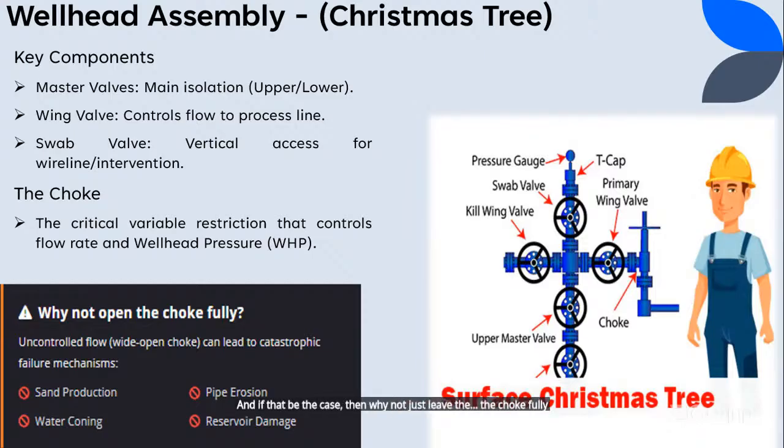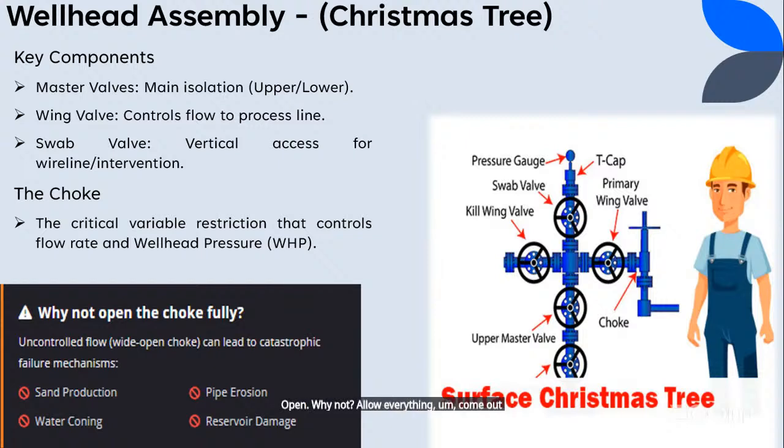If this is where I'm controlling flow, and as production engineers I want to maximize production and I want to produce everything, because if I open the choke, meaning I'm going to be producing more, more fluid will be coming out. So why don't I leave everything open? Why not allow everything to come out?